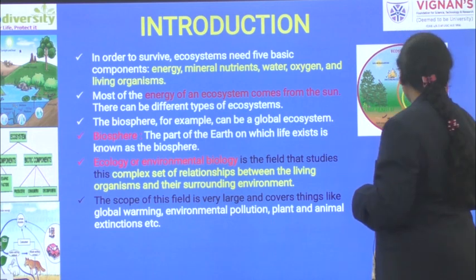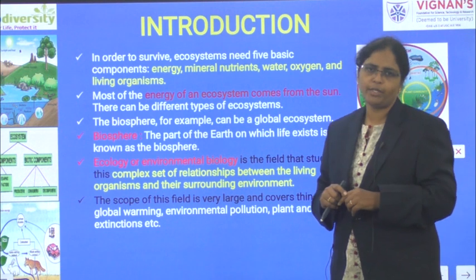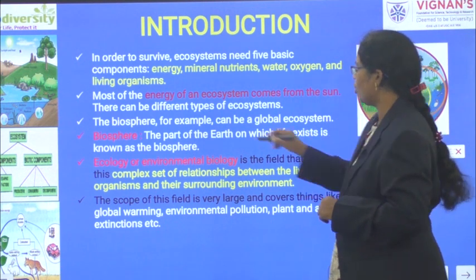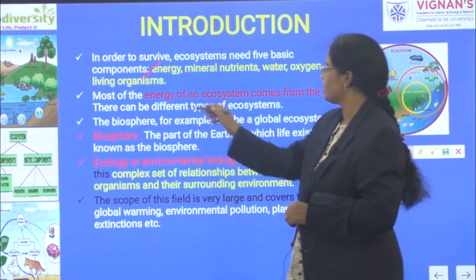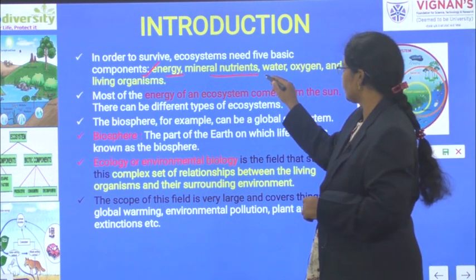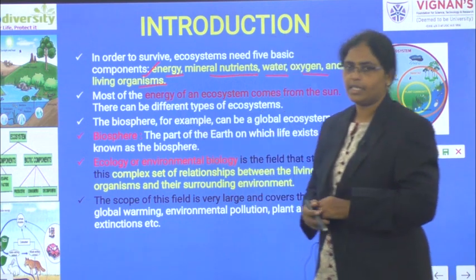And if you see the role of this ecosystem, the ecosystem plays an important role. So this ecosystem requires 5 basic components. What are those basic components means? First one is the energy, second one mineral nutrients, and the third one is the water, oxygen and living organisms.